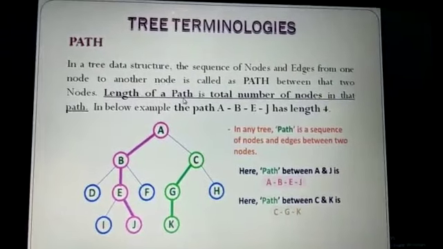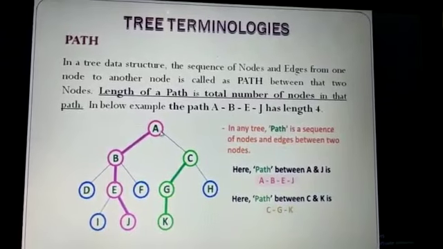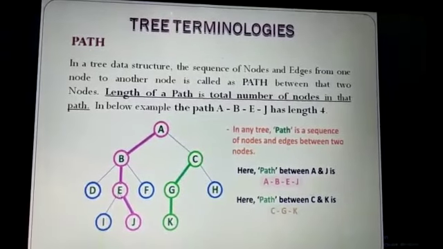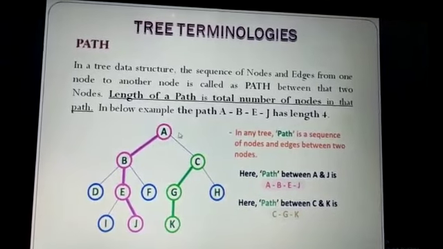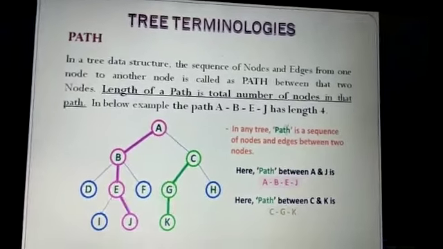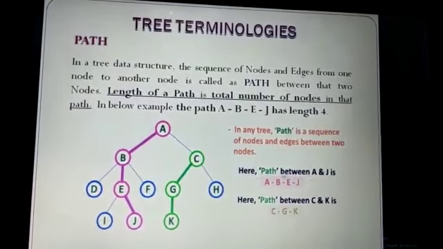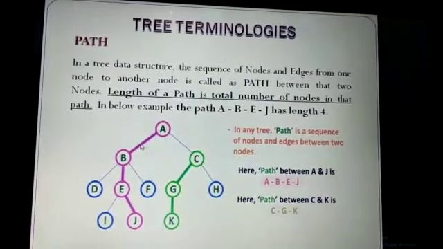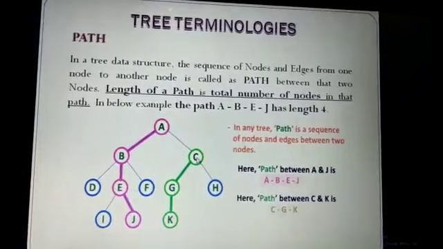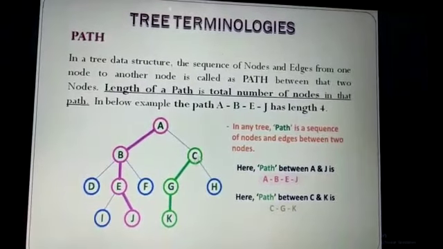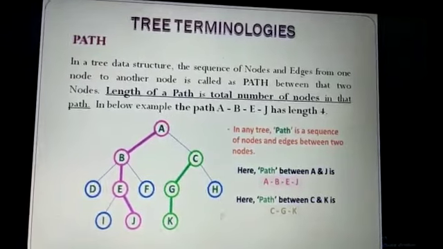In the example below, A to B, B to E, E to G. The length of this path is 4 because it has 4 nodes. In any tree, a path is a sequence of nodes and edges between two nodes. Here, the path between A and J is A to B, B to E, E to J. Here, C to G, G to K is another path. We can take any path from any node to any other node.